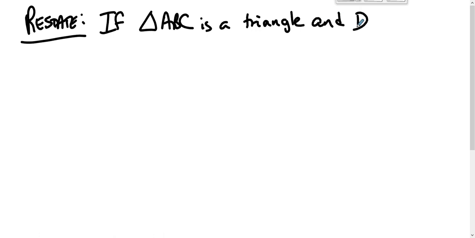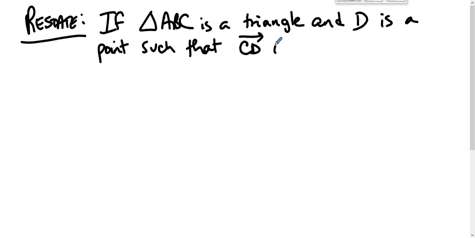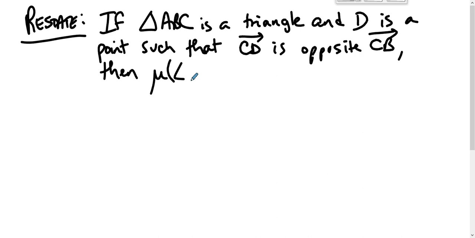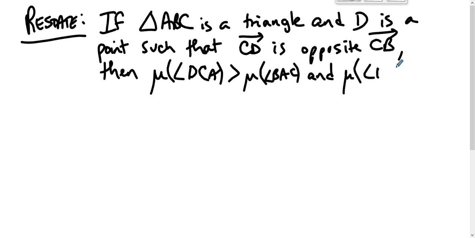I'm going to say if triangle ABC is a triangle and D is a point such that ray CD is opposite ray CB, then the measure of angle DCA is greater than the measure of angle BAC, and the measure of angle DCA is greater than the measure of angle ABC.